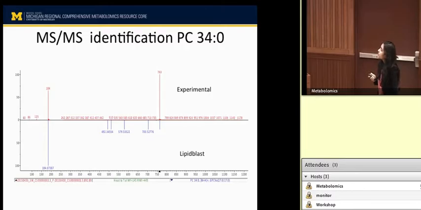As was already discussed, for this particular class, 184 is the major characteristic fragment that we see, and LipidBlast matches these characteristic fragments and other fragments to give a score. We select the topmost hit based on the score that we get from this identification.